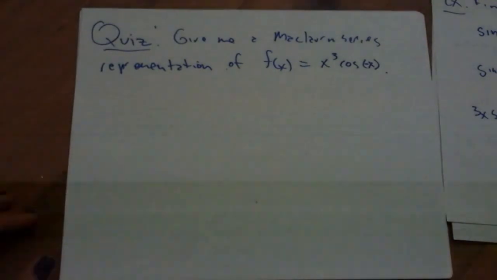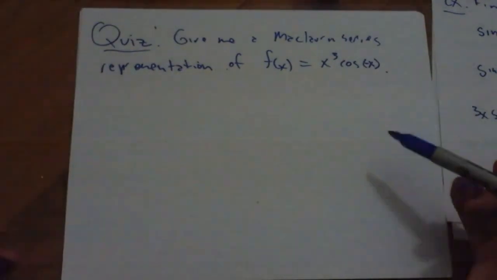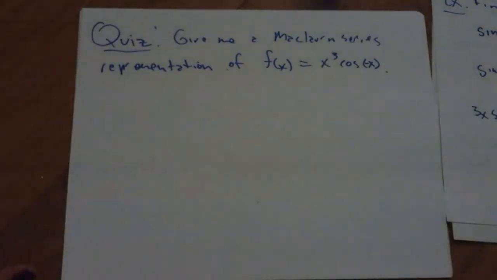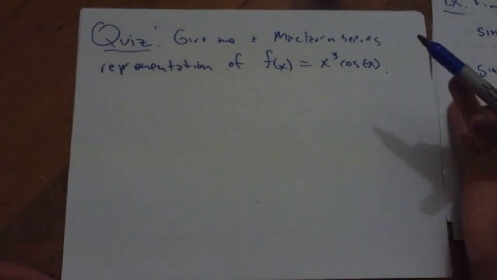While you can sit here and try and take derivatives and figure out the pattern, there's a less painful way to do it. Try to model this after your last example if you want to do this as fast as possible.